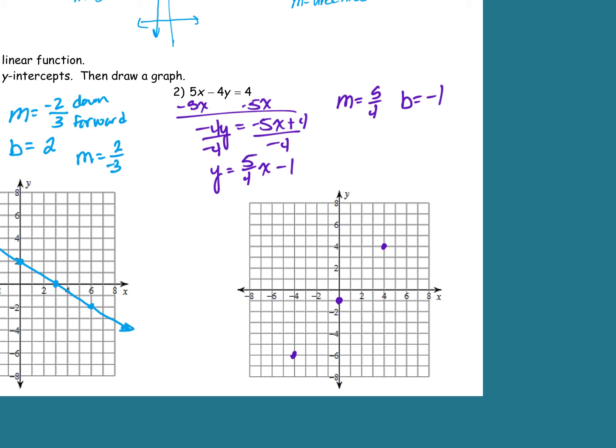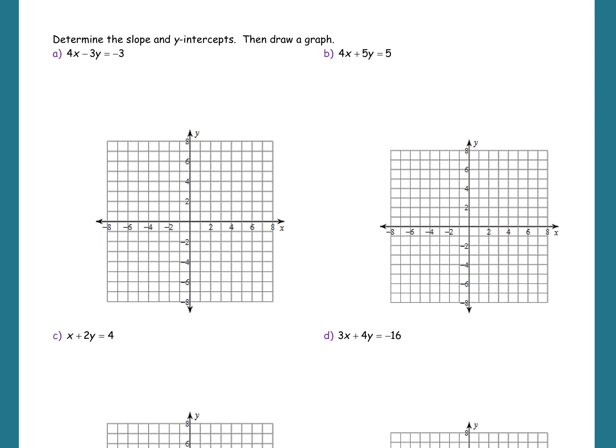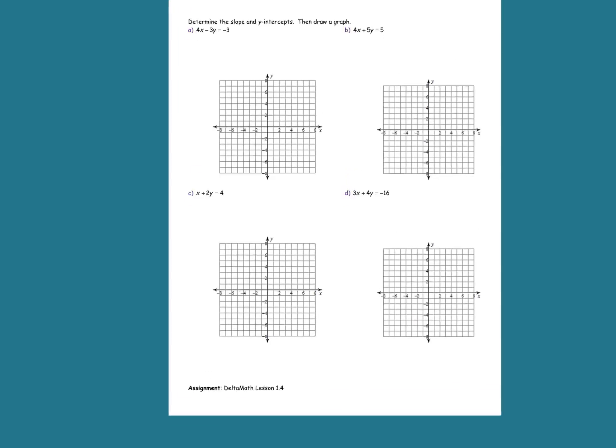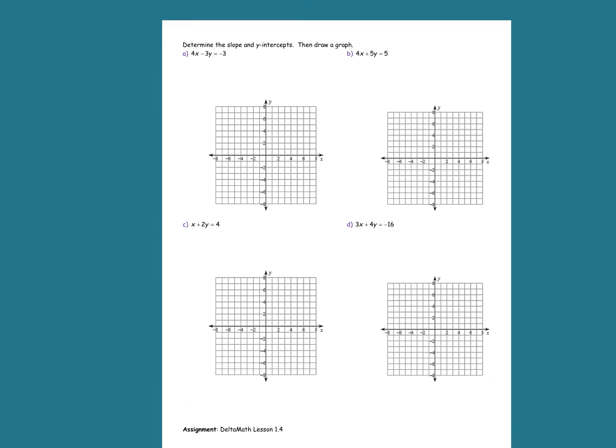And I've got my points, and I'm definitely not going to draw a straight line this time. Oh. Not too bad. And there's my line. I think there's 4 problems. Go for it.